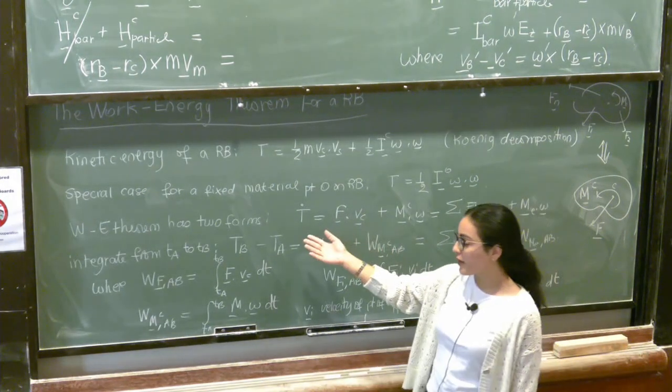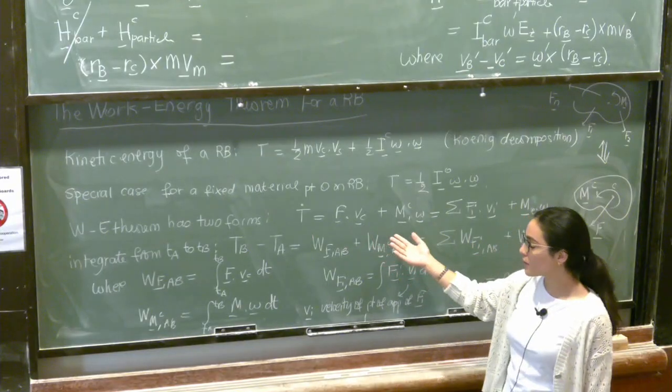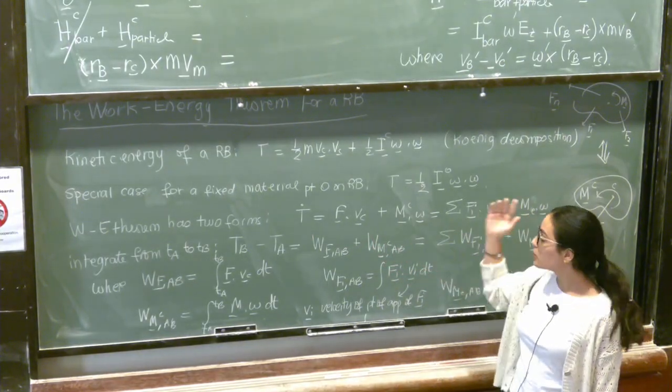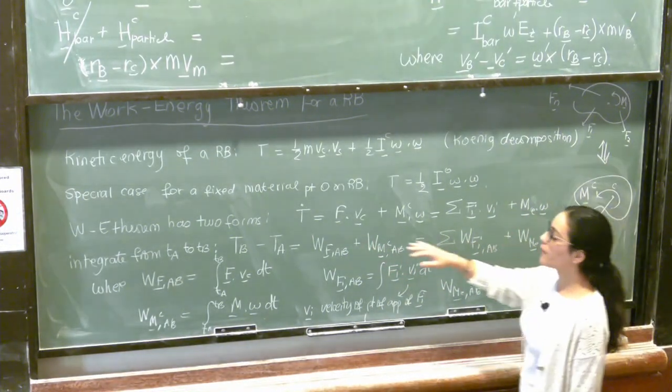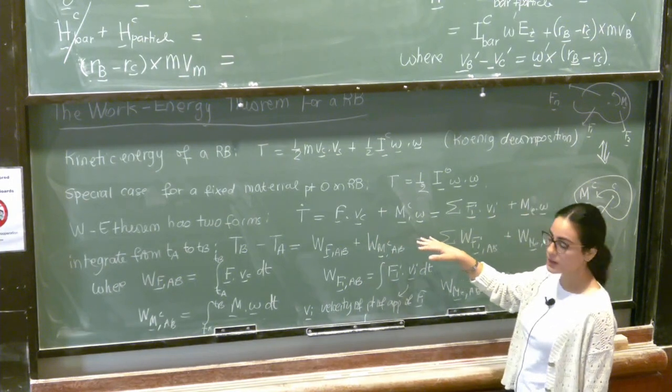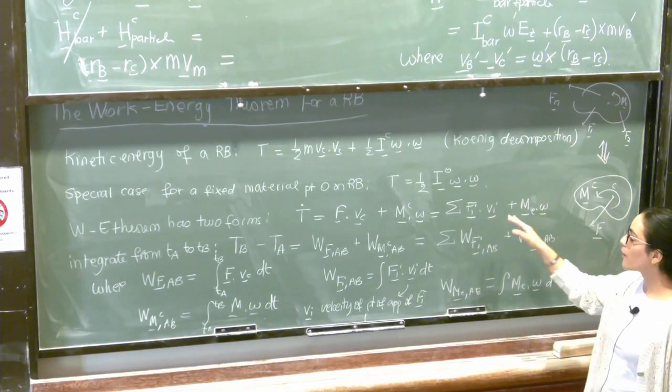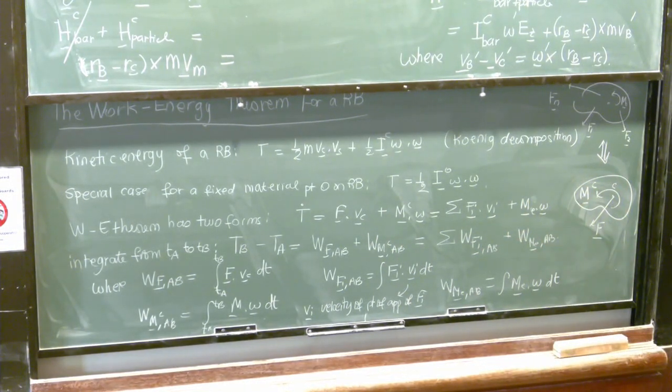The rate of change of the kinetic energy is the work of all the forces plus the work of all the moments, which for this system is the work of F and the work of M_C, and for the upper system is the work of F_i dot V_i and the work of the couple moments. The important thing to note here is that the power of a force is the force dotted with the velocity of the point of application of the force.